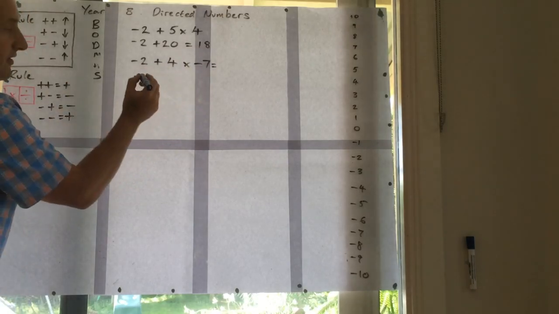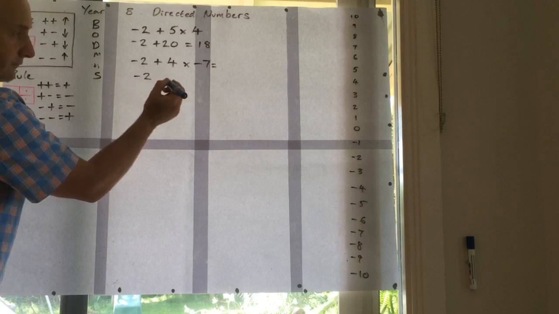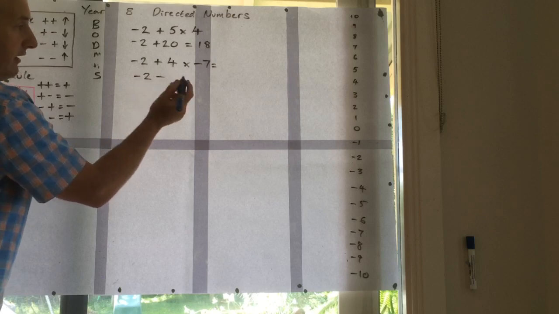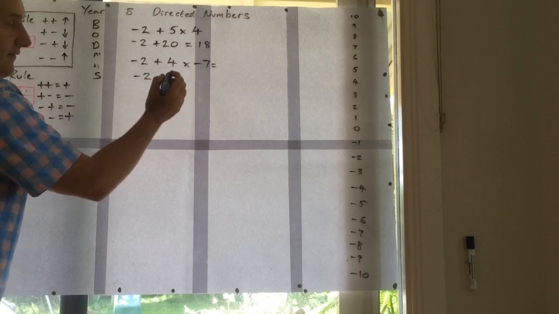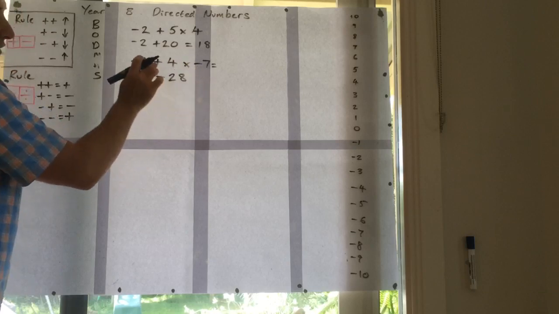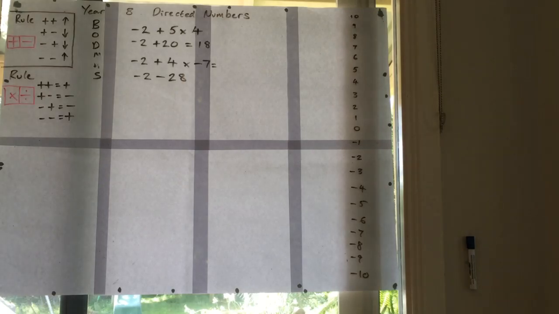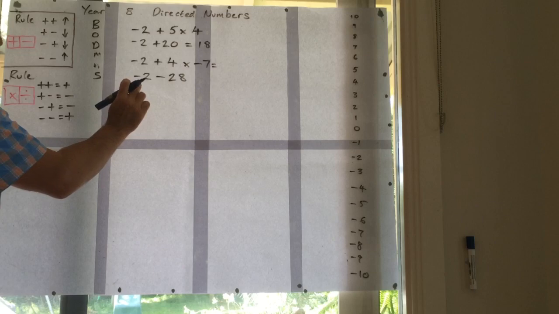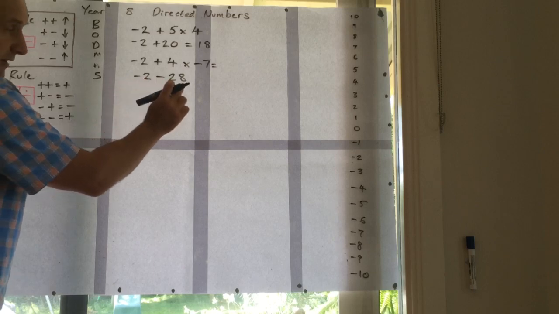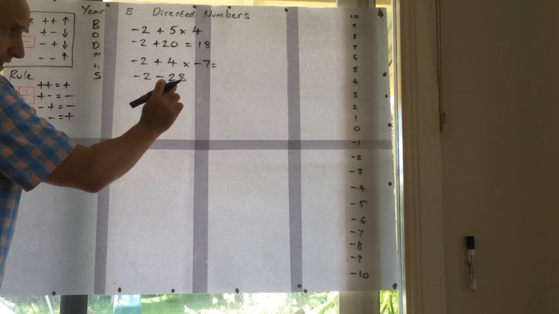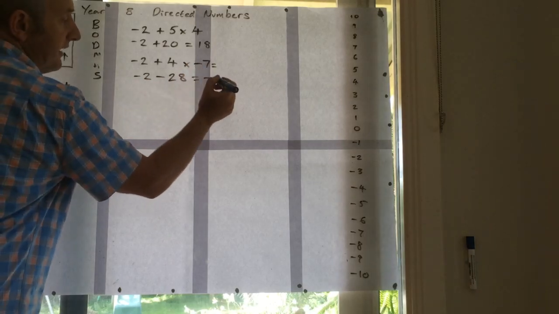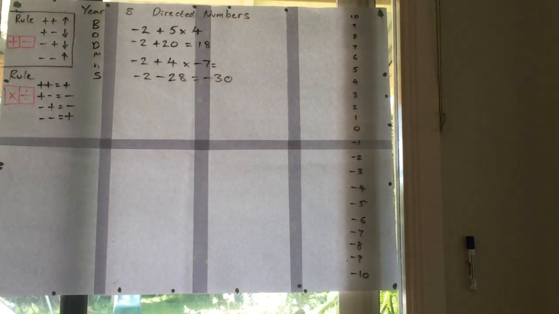So this is going to give us -2 minus, because this gives me -28, doesn't it? -28. Don't get drawn into that positive there. So now, what is -2 subtract 28? Well, I lose $2, I lose $28. That's going to give me -$30. Wonderful.